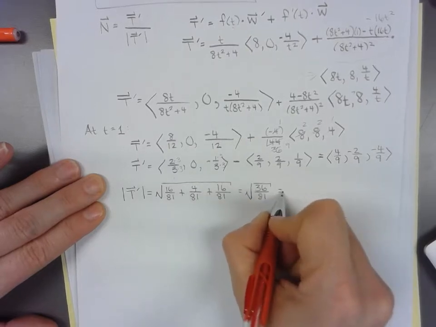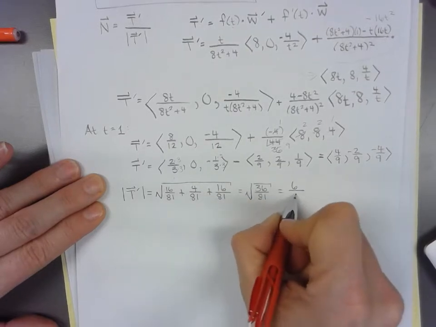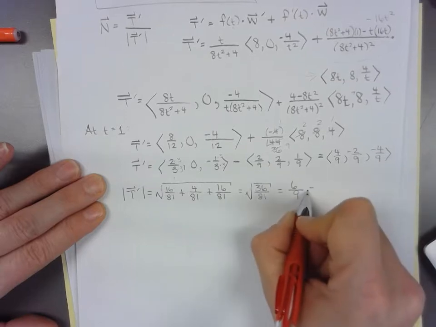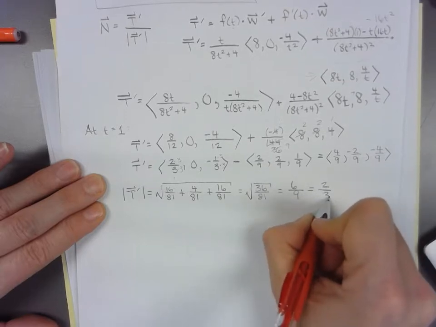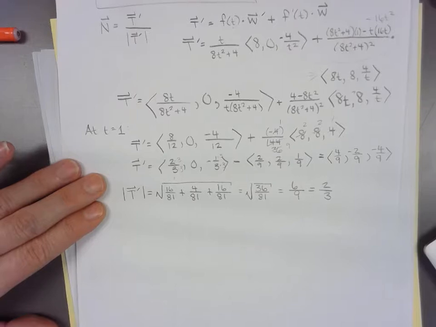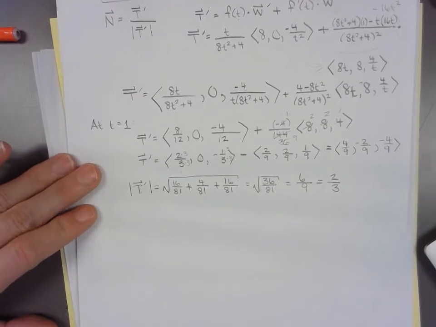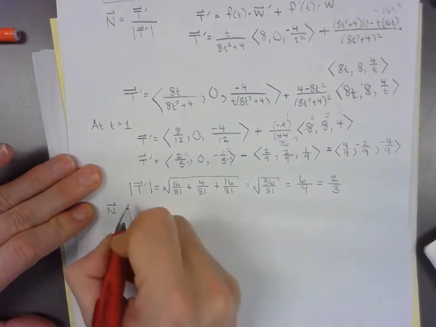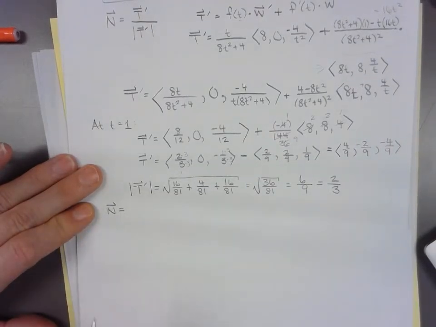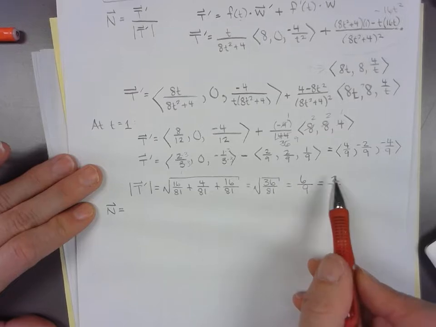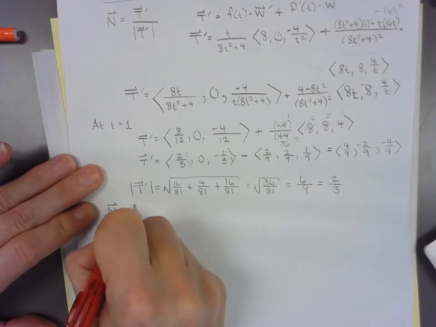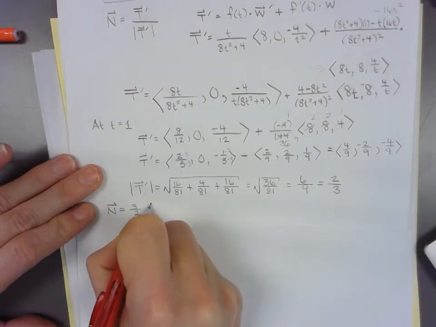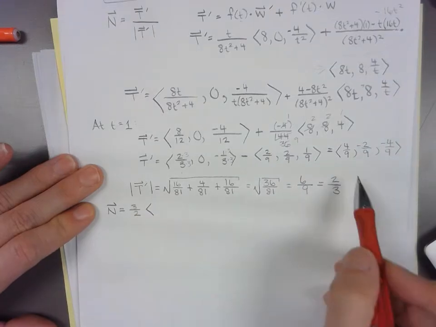Square root of 36 is 6, square root of 81 is 9. 6/9 is the same as 2/3. Well, we still have to find N. N is T prime divided by its magnitude, so divided by 2/3 is the same as being multiplied by 3/2. And then here's T prime.